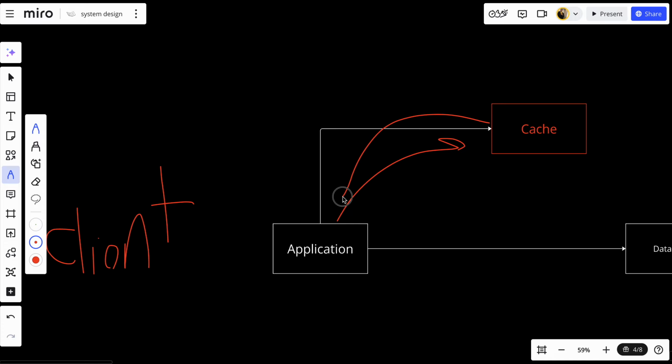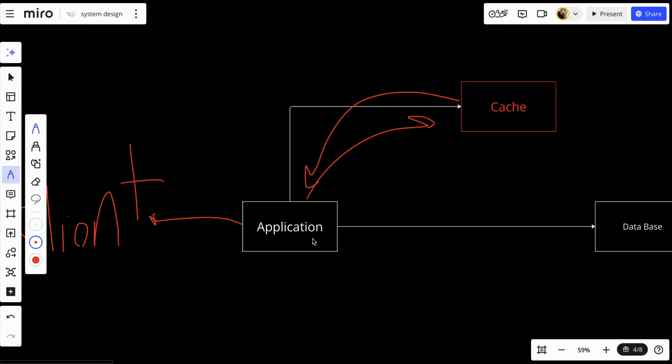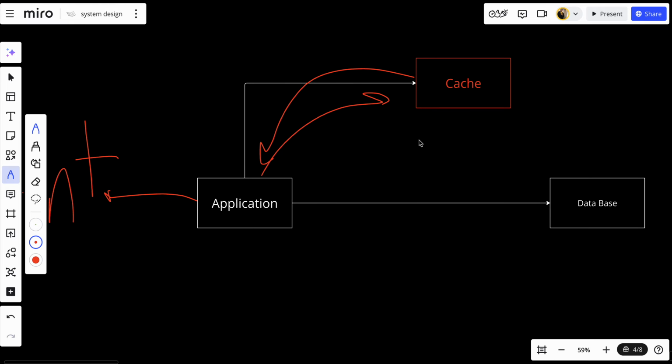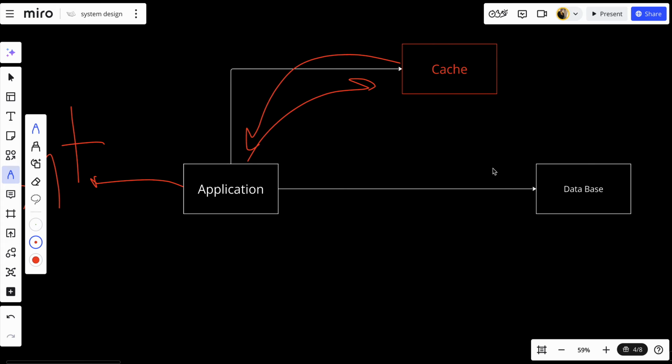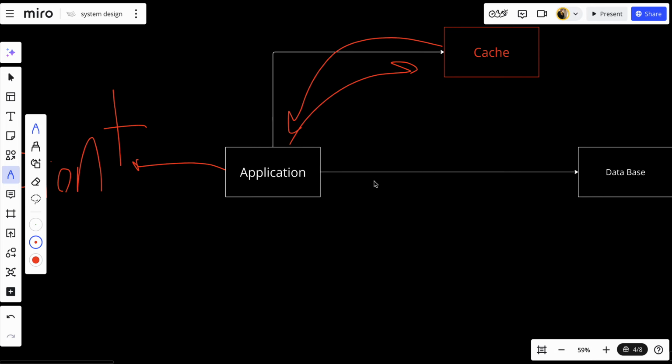If the data is not found, which we call a cache miss, the application then queries the database, retrieves the data, returns it to the client, and stores it in the cache, so future reads could get a cache hit and not a cache miss. So this is how it works.